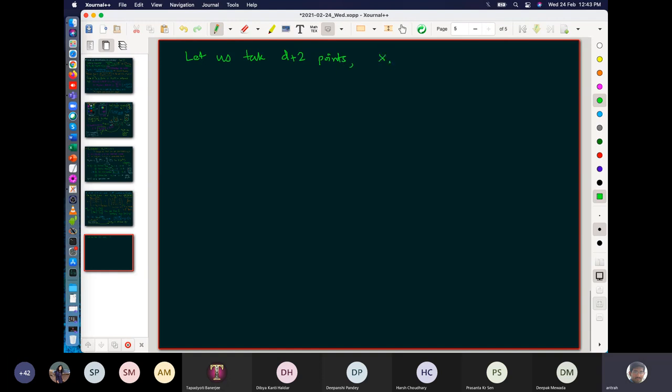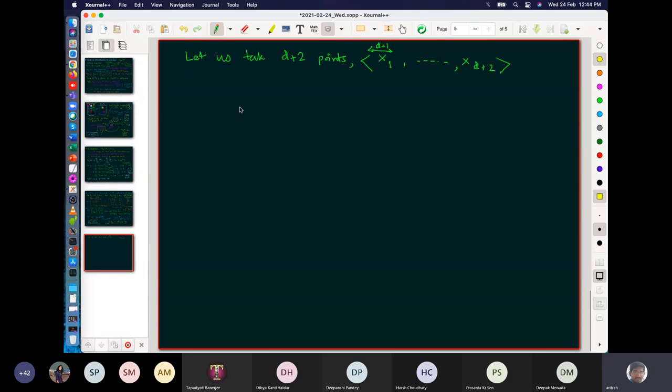So d plus 2 points means each of them is a vector of d plus 1 dimension, and I am taking d plus 2 such points, right? And my claim is that I have to prove that not all possible combinations of dichotomies can be possible with these d plus 2 points. One immediate observation, we now have more number of points than the number of dimensions.